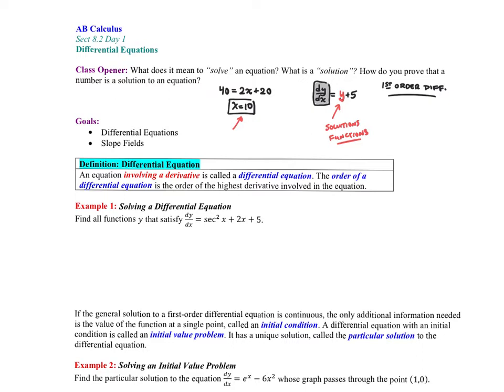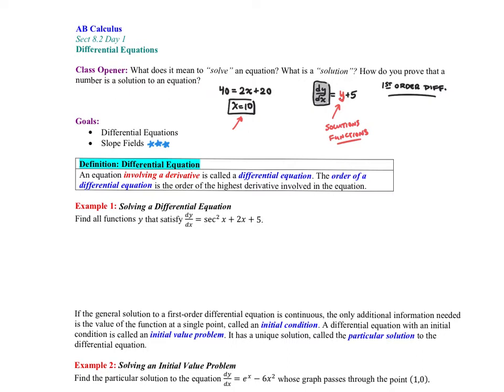Now, in some cases, we may have differential equations that are not solvable with the techniques that we have available to us. So algebraic techniques do not apply to solving a differential equation. That's when we'll use what's called a slope field to visualize what's called a family of solutions to a differential equation.